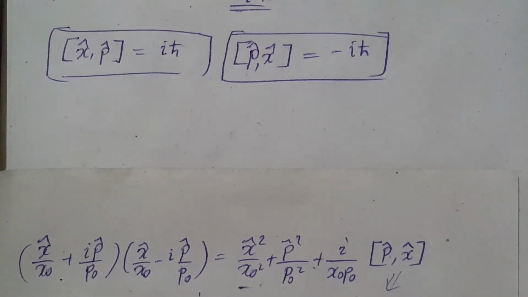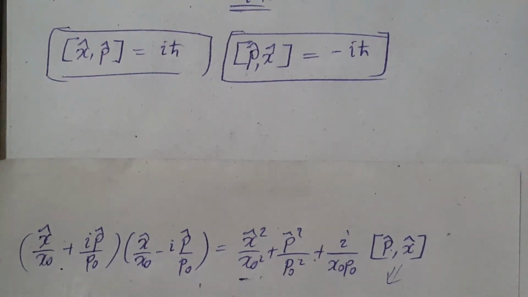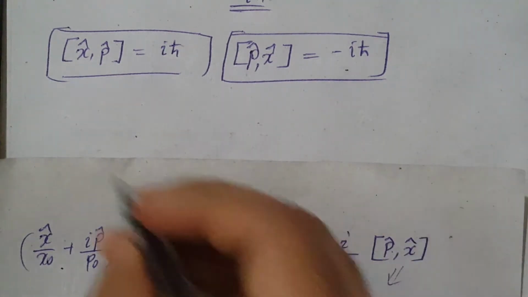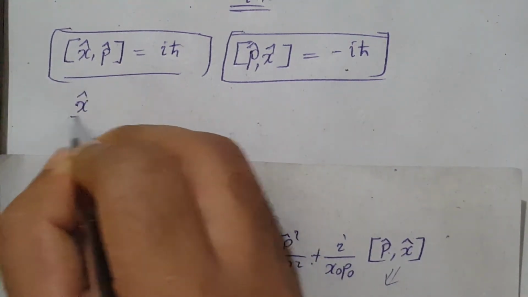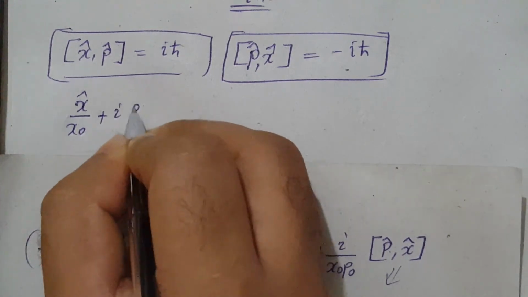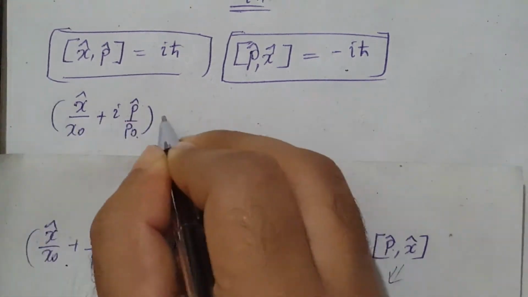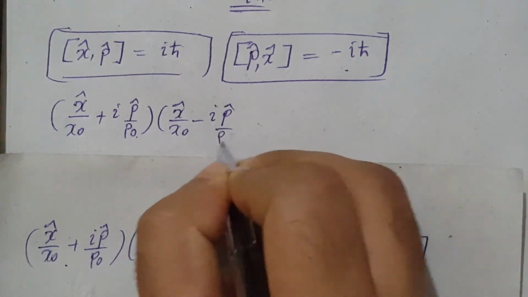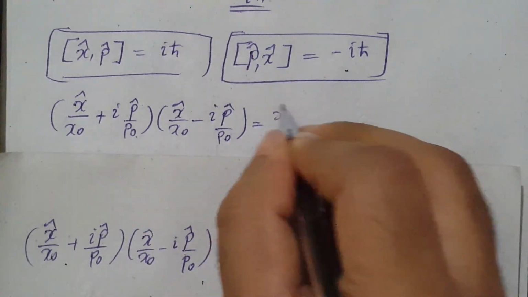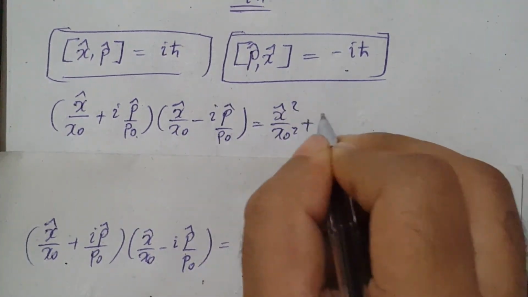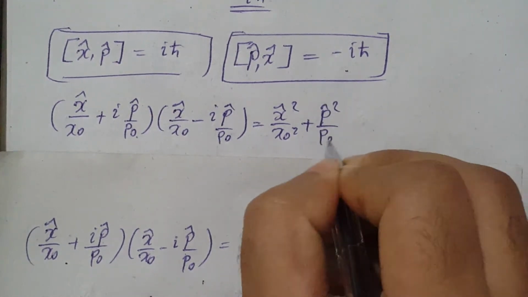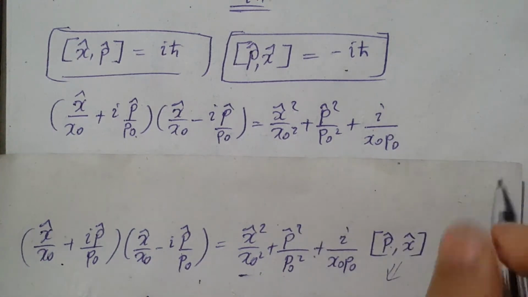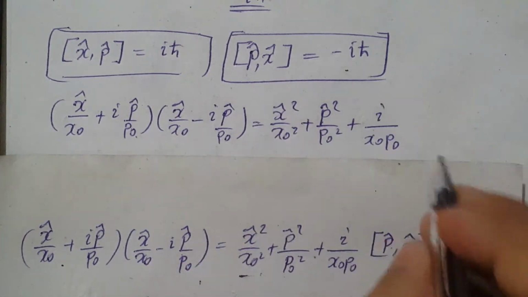Now instead of the commutator of p cap x cap, we can write minus i h cut. So we can write x cap by x naught plus i p cap by p naught times x cap by x naught minus i p cap by p naught as x cap squared by x naught squared plus p cap squared by p naught squared plus i by x naught p naught, and the commutator of p cap x cap is what? Minus i h cut.